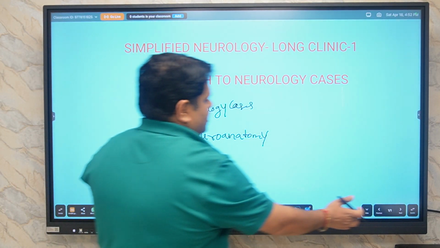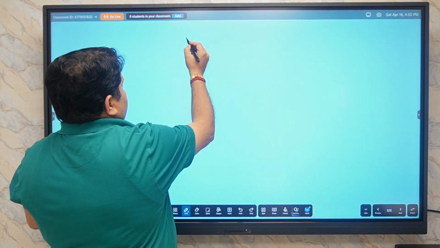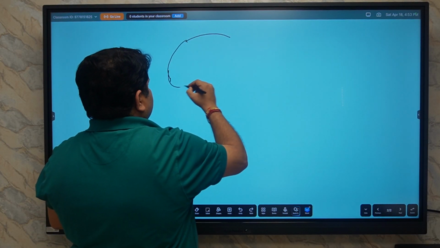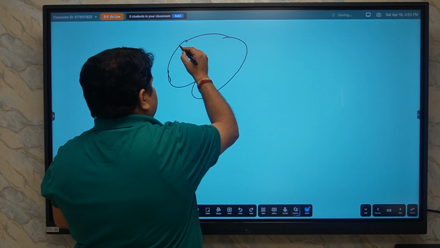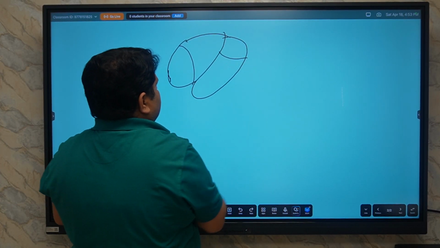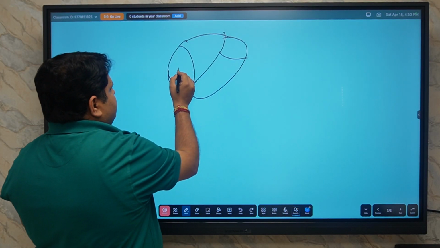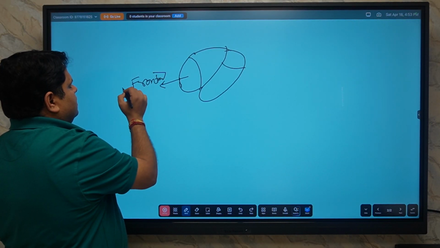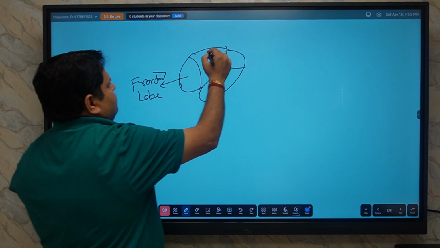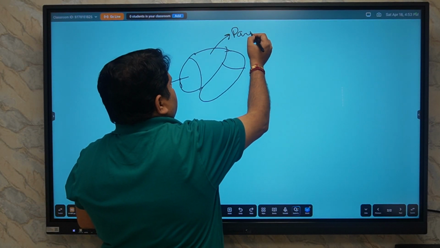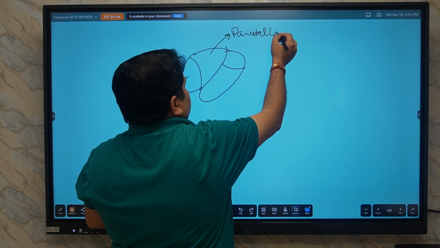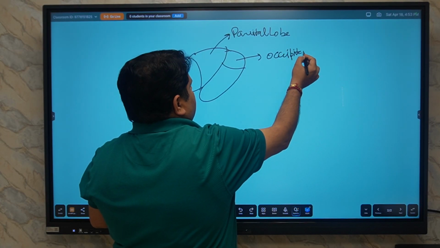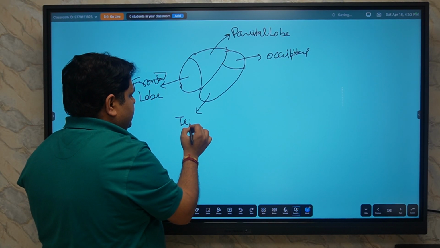So for neuroanatomy, basically neuroanatomy starts from the brain, so in brain we have cerebrum, in which we have the frontal lobe, we have parietal lobe, occipital lobe in the posterior side, and the temporal lobe inferiorly.